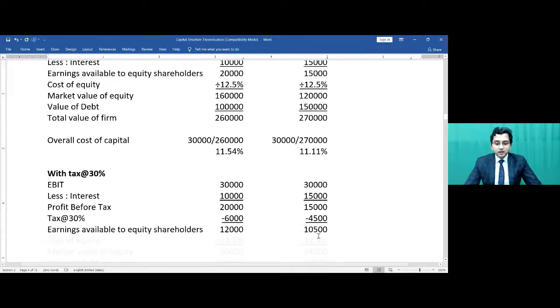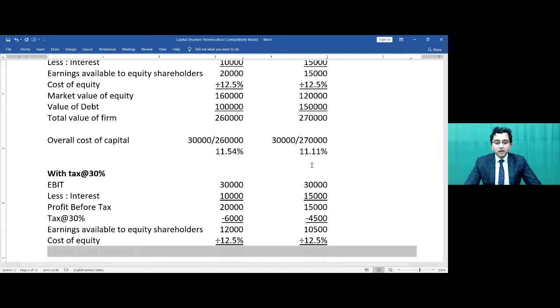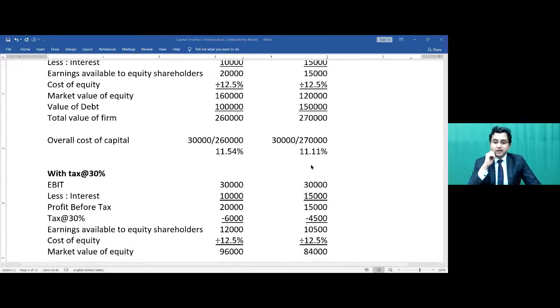Now I will divide earning available by cost of equity. In this example, not question number 1, I'm talking about the first illustration, it is 12.5%. So earning available divided by cost of equity will give you market value of equity. Just check it. 12,000 divided by 12.5% and 10,500 divided by 12.5%. Just check that.